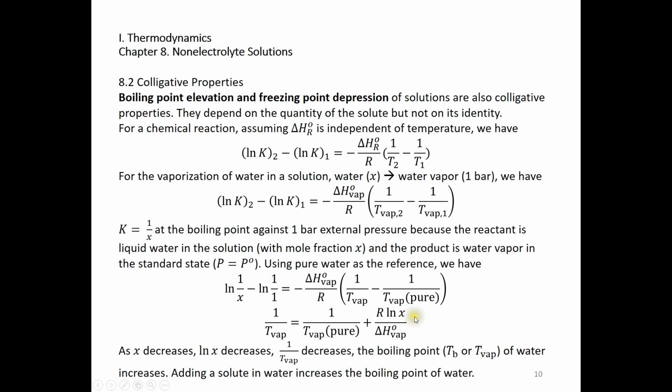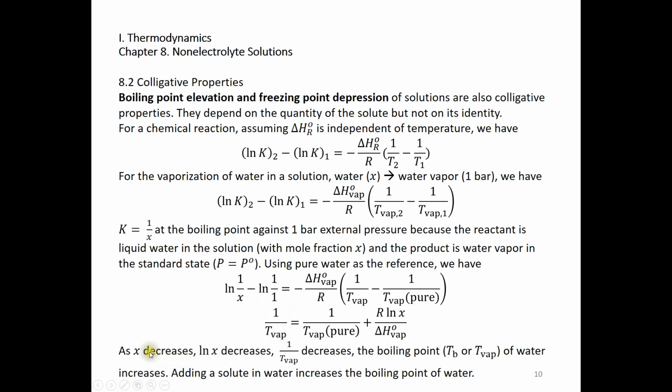Now let's look at this equation and do some semi-quantitative analysis. So when x decreases, this whole thing decreases. That means this decreases. And when this decreases, that means the boiling point of water increases.